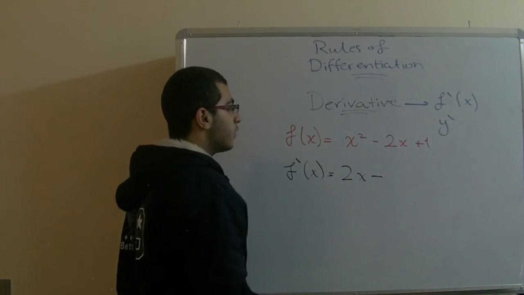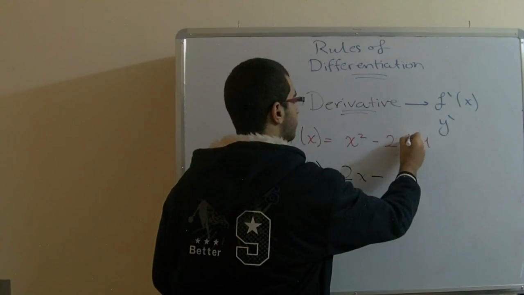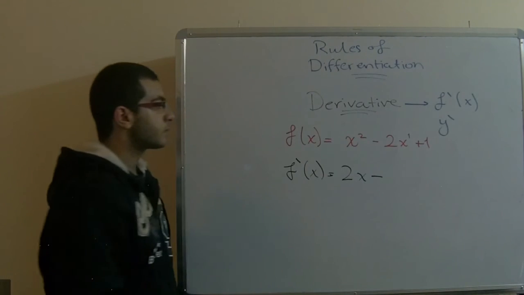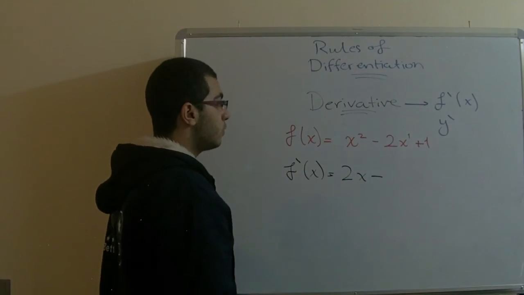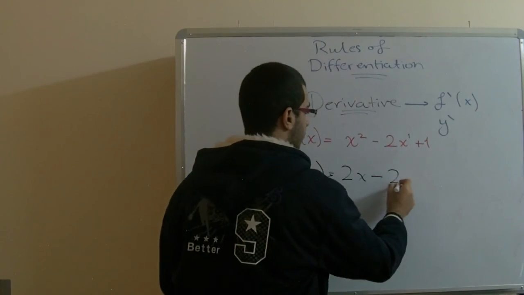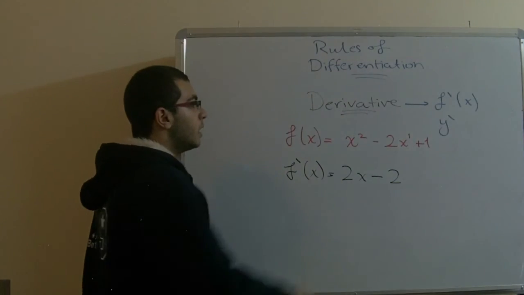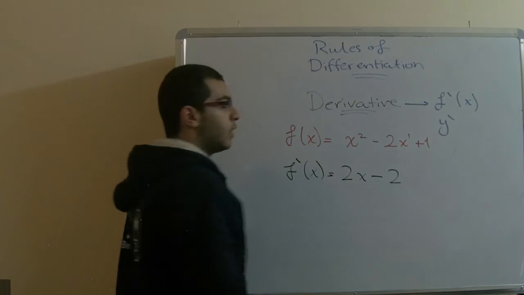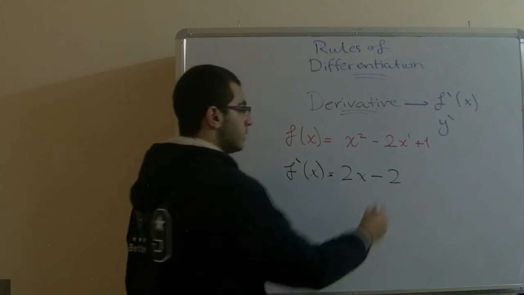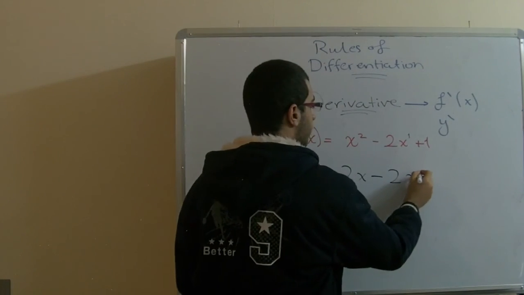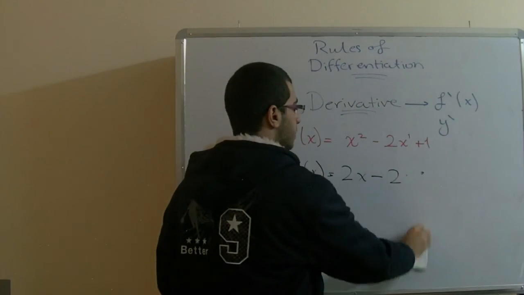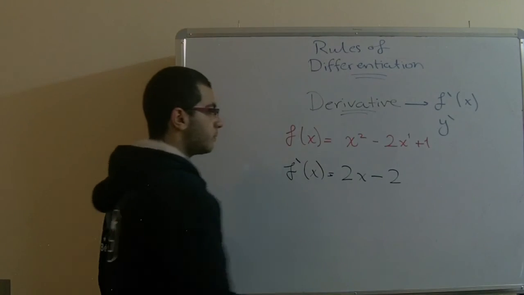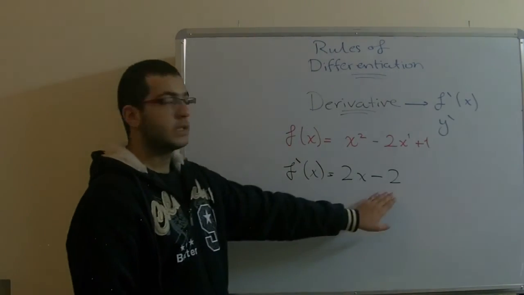This x is of power 1, but it's not written. So we will drop the 1 downwards, and 1 times 2 equals 2, of course. And 1 minus 1 gives us a 0, so we have x to the power 0, and x to the power 0 gives a 1. So we omit it. This is our second term.